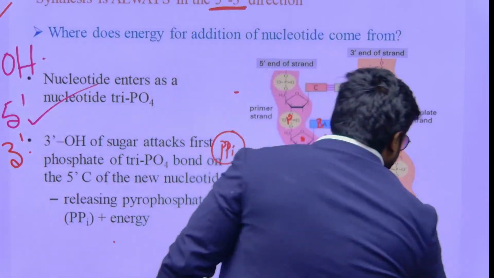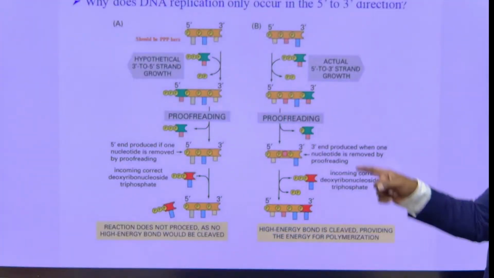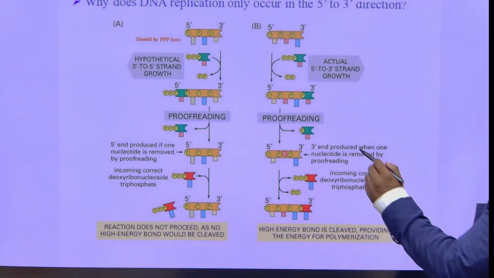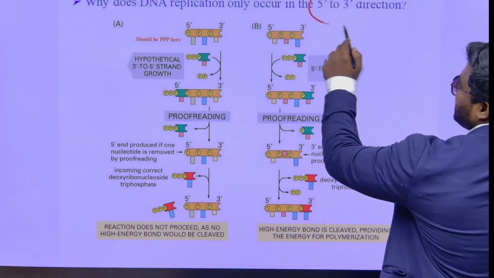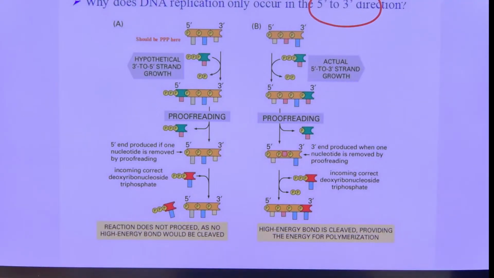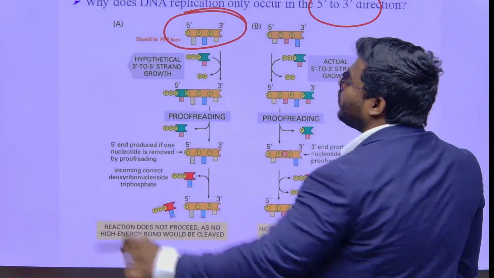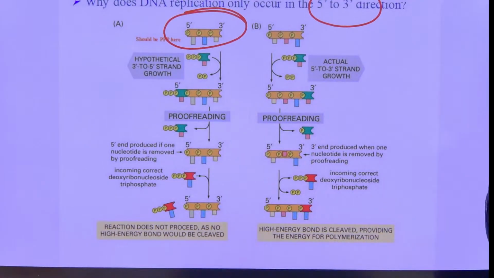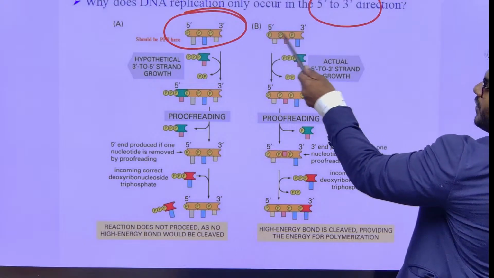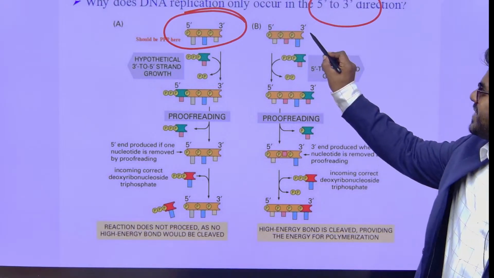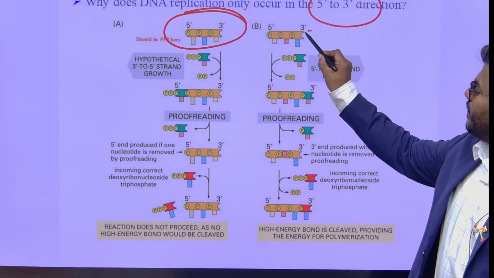Now, this is one of the reasons. Now, let's understand how DNA replication of a daughter strand actually happens in 5 prime to 3 prime, and we have to disprove compulsorily why it cannot happen in 3 prime to 5 prime. Now, look into the picture. This is a 5 prime and 3 prime. Tell me what group is present here? OH group. Very good.